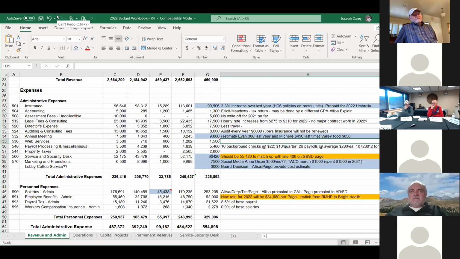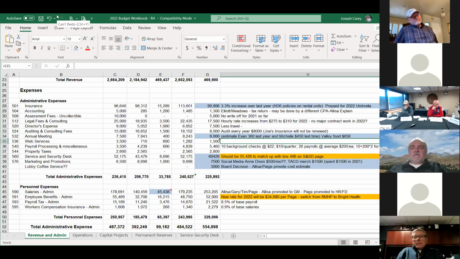I think it has value, face to face, getting to know your neighbors. It's not a huge expense, but I think we find year by year that the 7,500 certainly doesn't cover even the most basic things we do.